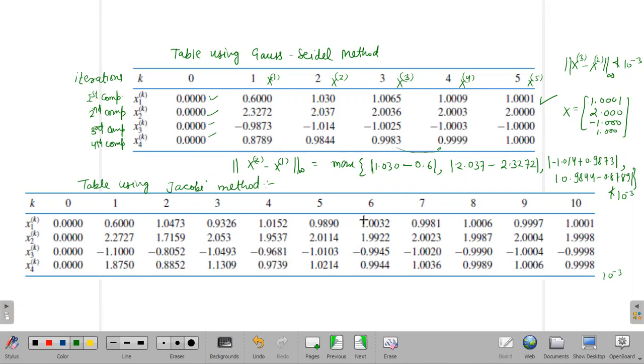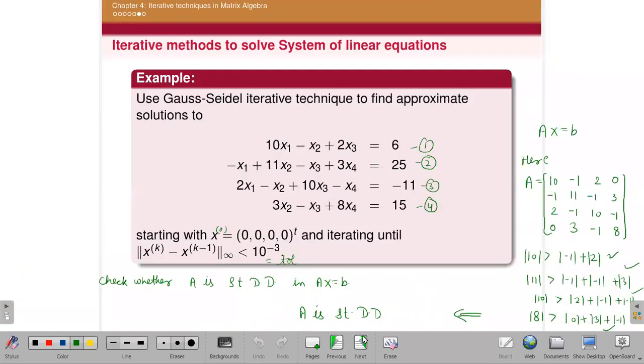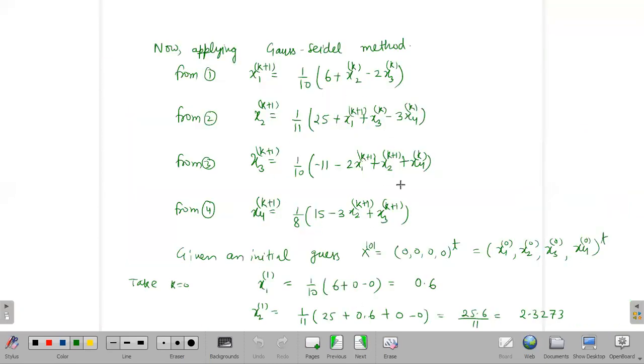Any doubt? Ma'am, can you please tell again how we decide how many terms we have to use from the previous iteration and how many terms from the current iteration? In the formula, we take some terms from k plus 1 and some from k. How do we decide that? You have a system of equations, these four equations. First you write the equations.